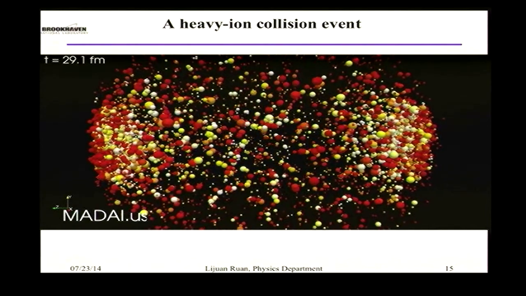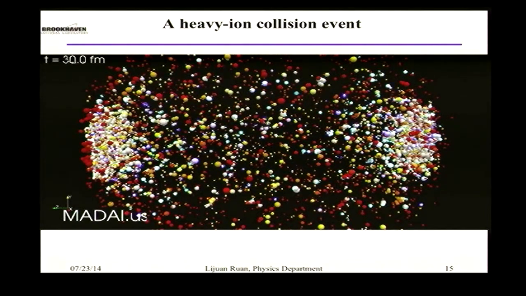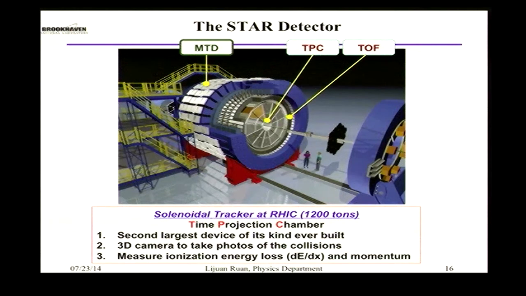So the question would be, can we measure those particles? We use the STAR detector to do that. Because I'm from the STAR experiment, I only present STAR results. For this study, the main detectors used are the time projection chamber and the time-of-flight detector. Later on, I'm going to introduce the muon telescope detector as well.